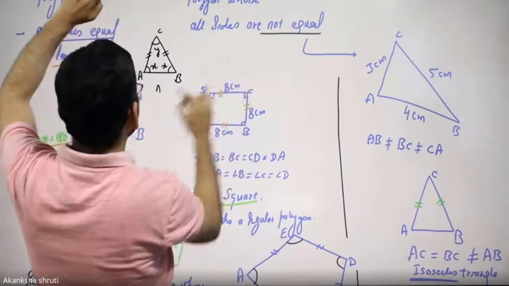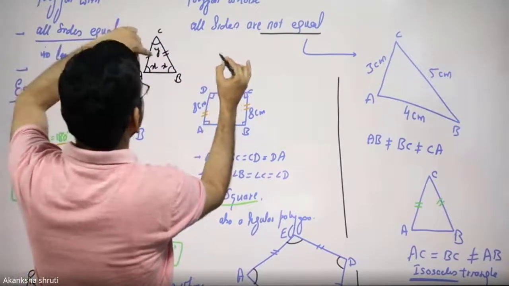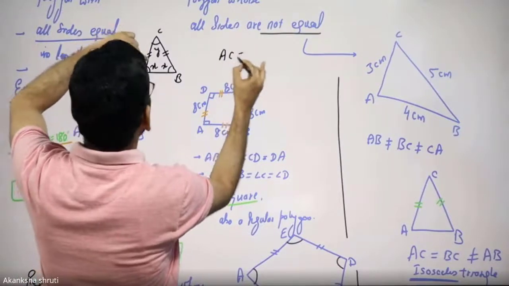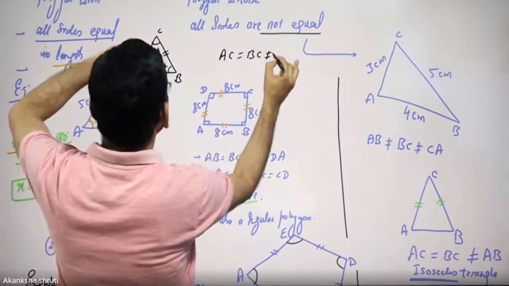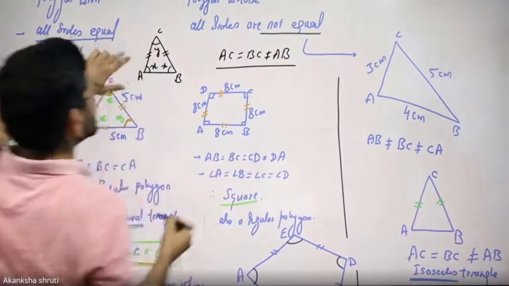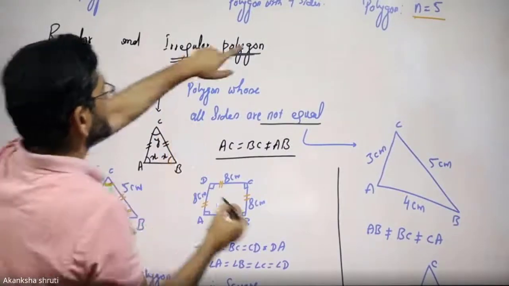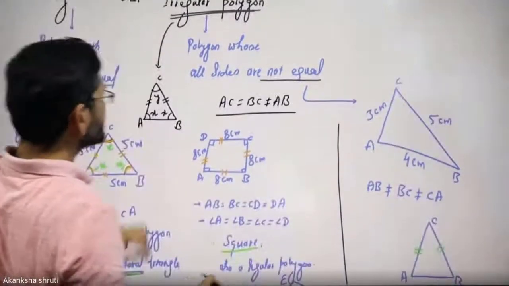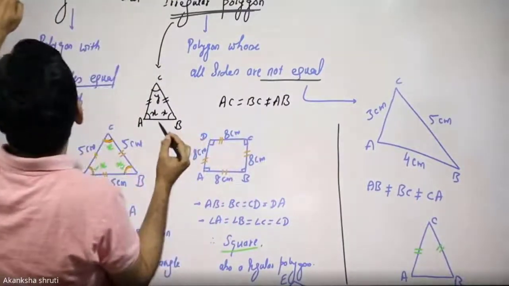Here we are taking, students, AC, it is marked here, equals BC. But this is not equal to AB. Okay, student? So this figure also belongs to irregular polygons. So in this case, even these angles are different.